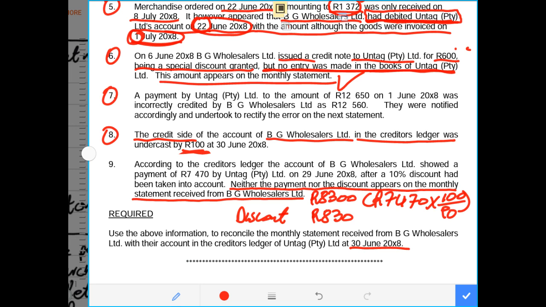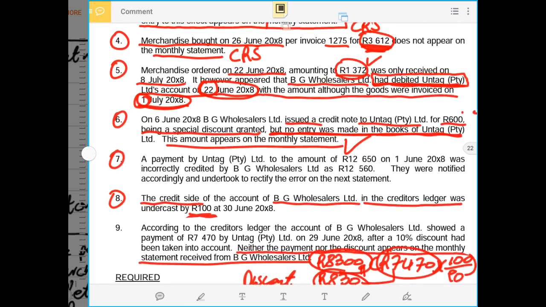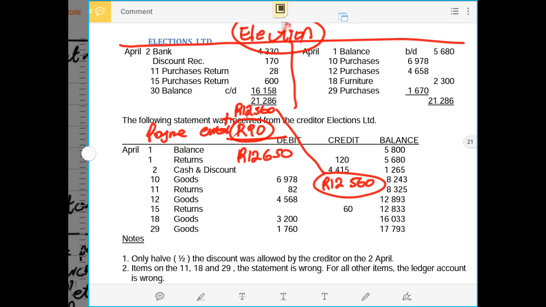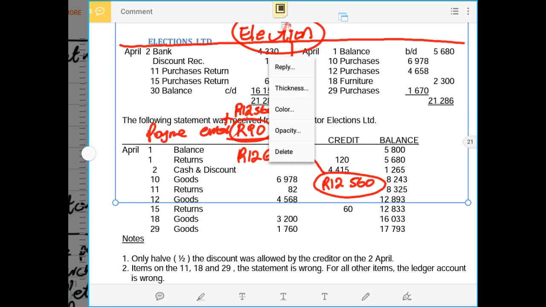So the discount plus the amount after the discount gives us the sum of 8,300, and both of them are not in the statement. Let us look at which side this was supposed to be in the statement if it was recorded.